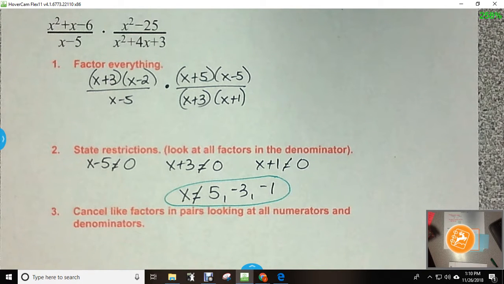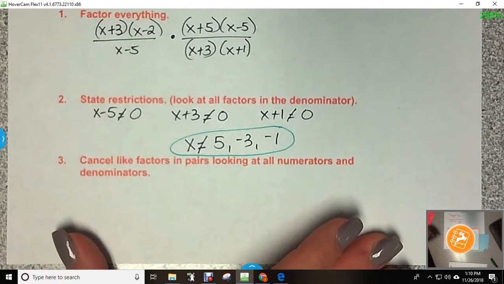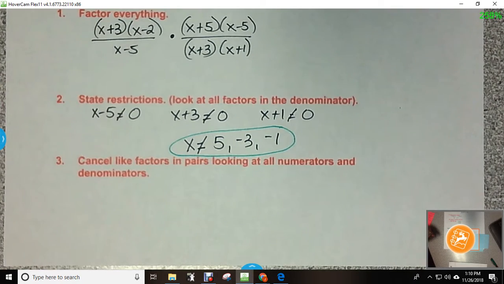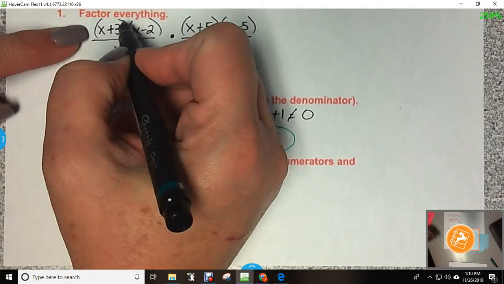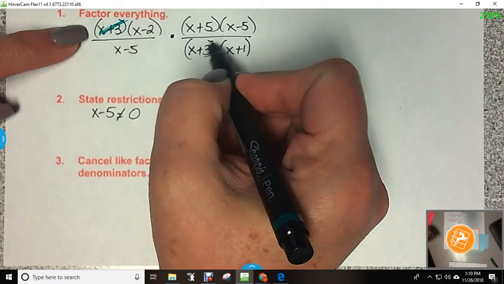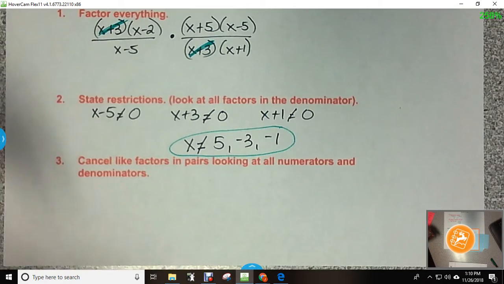And now, step 3, we're going to cancel like factors in pairs. And we're going to look at all of the numerators and all the denominators. So, if I start with my first numerator, I've got an x plus 3 that will cancel with an x plus 3 over here.